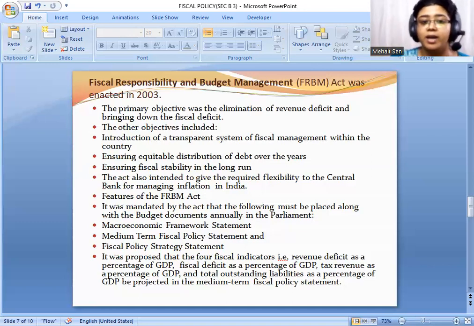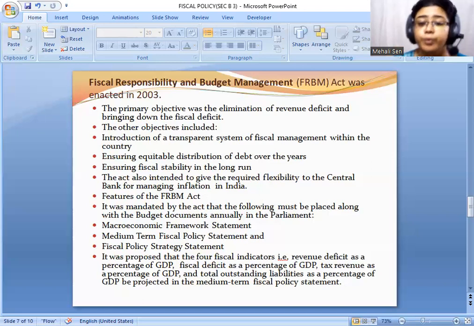Next, what is the meaning of fiscal consolidation? The measures that are taken to improve the fiscal deficit come under the process of fiscal consolidation. Why do we need fiscal consolidation? We need to improve the revenue receipt.